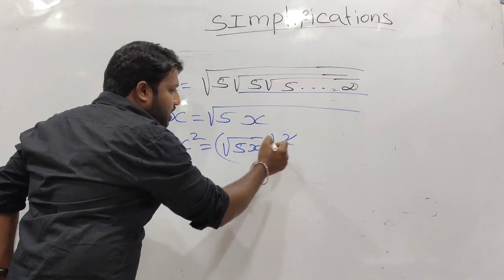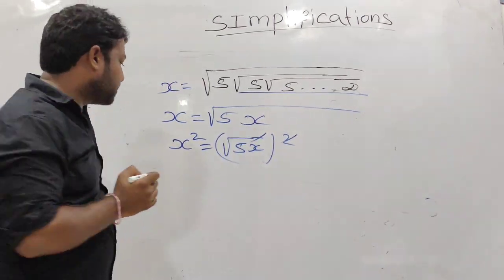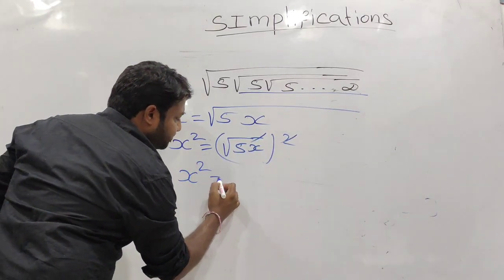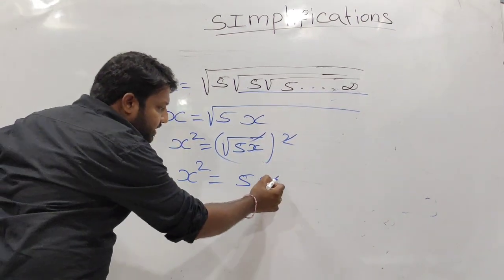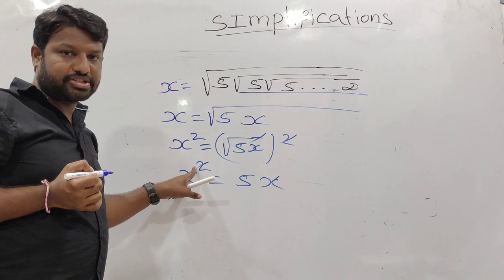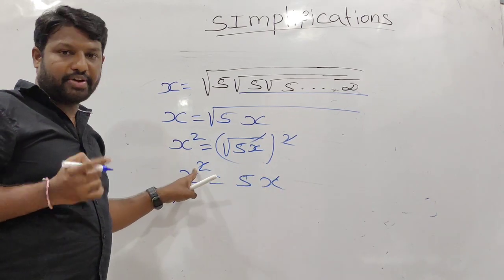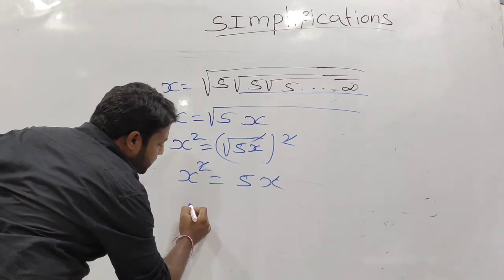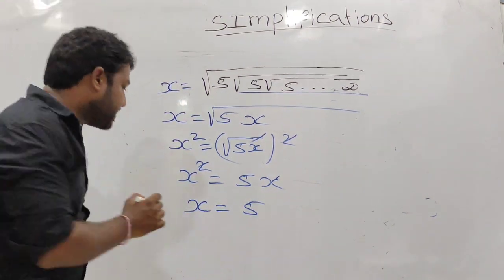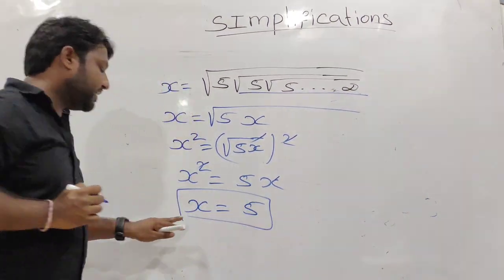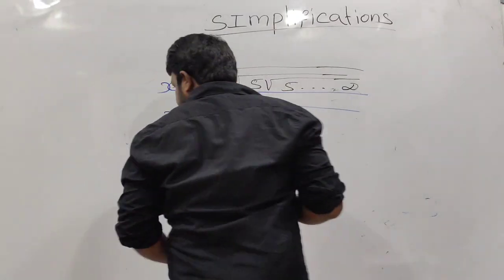Squaring on both sides, the square and root get cancelled. X square is equal to 5x. Now x square and 5x: one x gets cancelled, so x remains. This x value is nothing but 5. So by derivation, x is equal to 5.